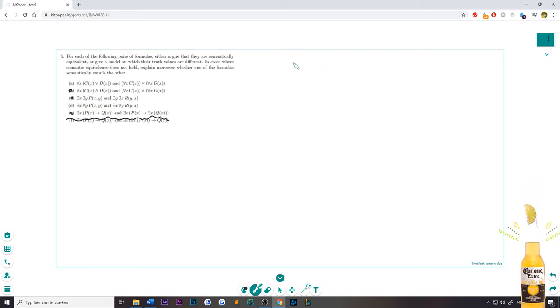So let's say we have a function r of x, okay? And r of x is saying that x is a red object, okay? And so this may be our model. Our model may be something like r of a and b, okay, with elements a, b. So what is this model saying? It's saying we have 2 objects, a and b, but only object a is red. Okay.